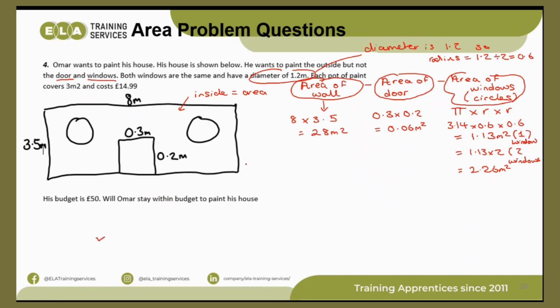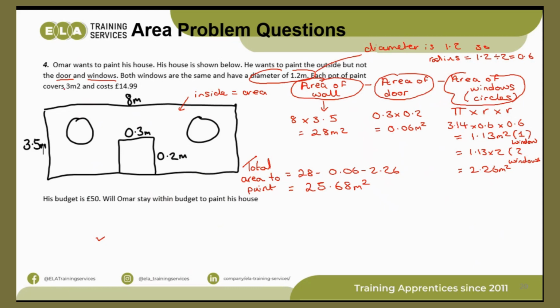To work out the total area to paint, we're going to do 28, take away 0.06, take away 2.26, which gives us a total area to paint of 25.68 meters squared.